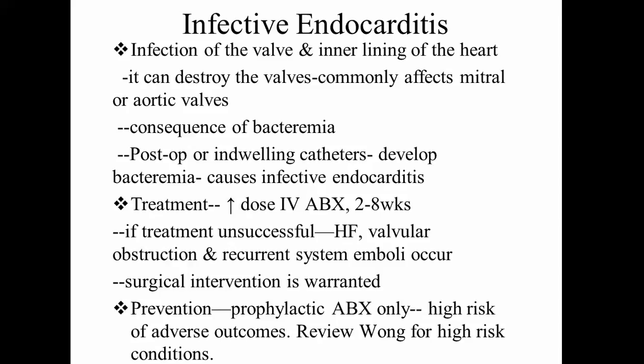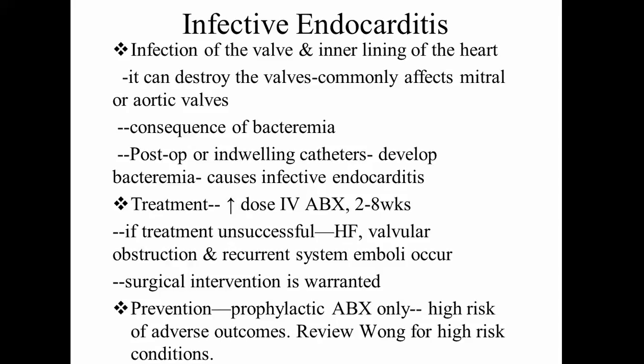It commonly affects the mitral and the aortic valves, and children with indwelling catheters are at risk for developing infective endocarditis because that's a foreign body in their body, so they're at increased risk for developing bacteremia and then infective endocarditis.